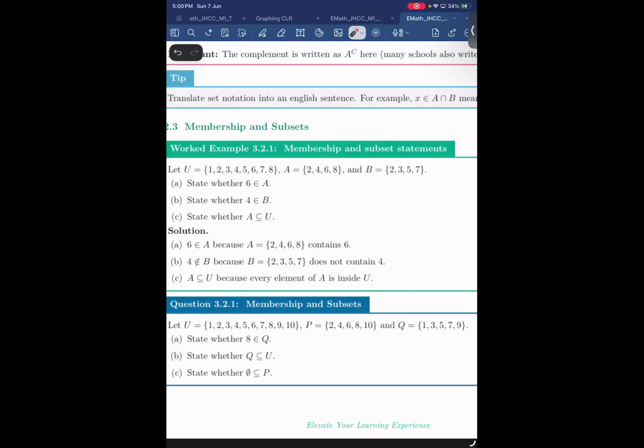The only tricky thing is maybe part C. But for part A, clearly Q contains 1, 3, 5, 7, 9, doesn't contain 8, so that's false.